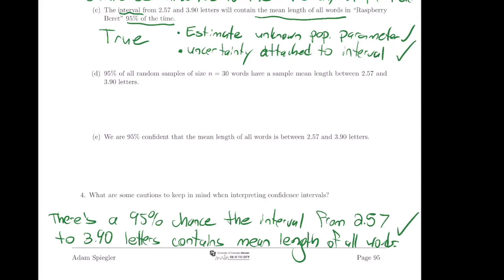Let's see, in D, 4 people leaned true here and some said false here. So this is actually a true statement. Okay, the problem is this is not what we use confidence intervals for.